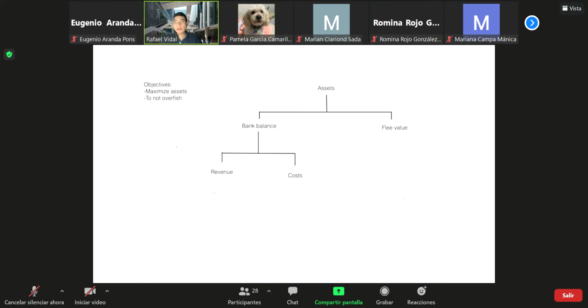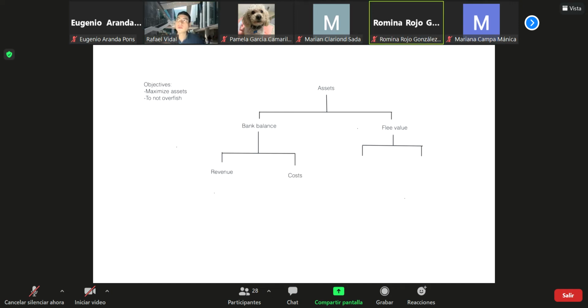For fleet value, how do we calculate the fleet value? How do we calculate the value of our fleet? So let's think about this.